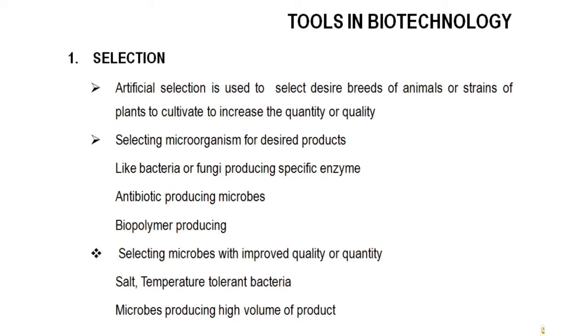The first tool is selection. Selection is the common tool used in biotechnology, and some other fields also use selection. Artificial selection is used to select the desired breeds of animals and plants to cultivate them for better quality and quantity.